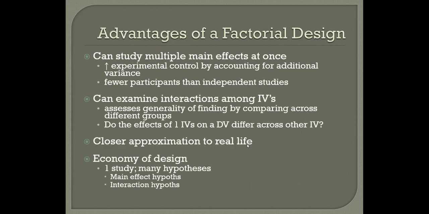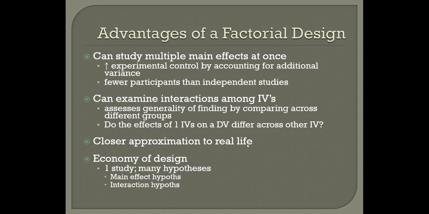It's arguable whether or not this is an advantage, but one is that you can study multiple main effects at once. There's an economy of design in that you can look at multiple factors in one experiment, so you would need fewer participants than if you were to run separate independent studies.